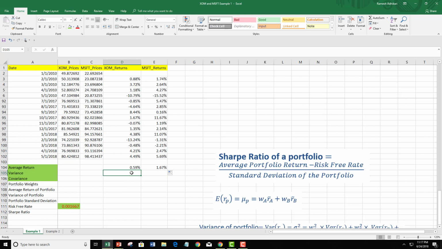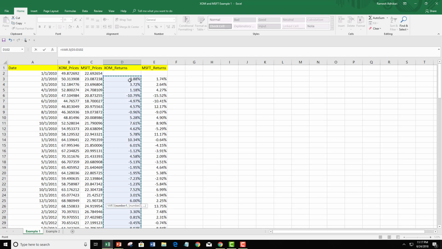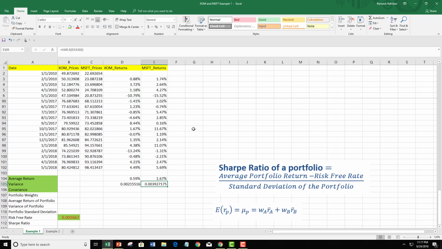Similarly, you can compute the variance. There is a function called VAR, and choose the sample one, which is VAR.S, and select the entire return series for ExxonMobil in order to compute the variance of XOM stock. Similarly, you can grab the little square box and drag to the right, and it gives us the variance of Microsoft stock. Then we need to compute the covariance.